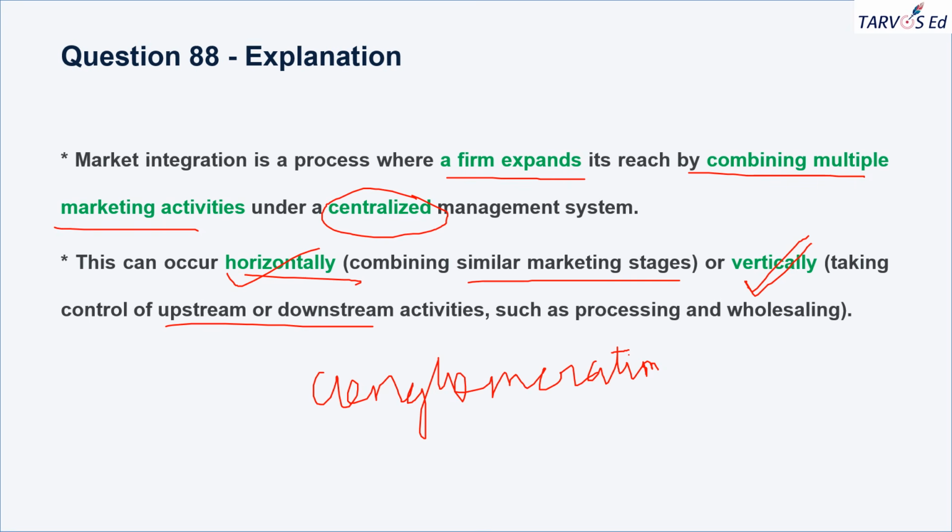If he is moving towards the supply side, we call them as forward integration. It means under vertical there are two types: forward integration and backward integration. If it is moving towards the supply side, we call it as forward integration. And if he is moving towards demand side or backwards, we call it as backward integration. Towards production side, we call it as backward integration.